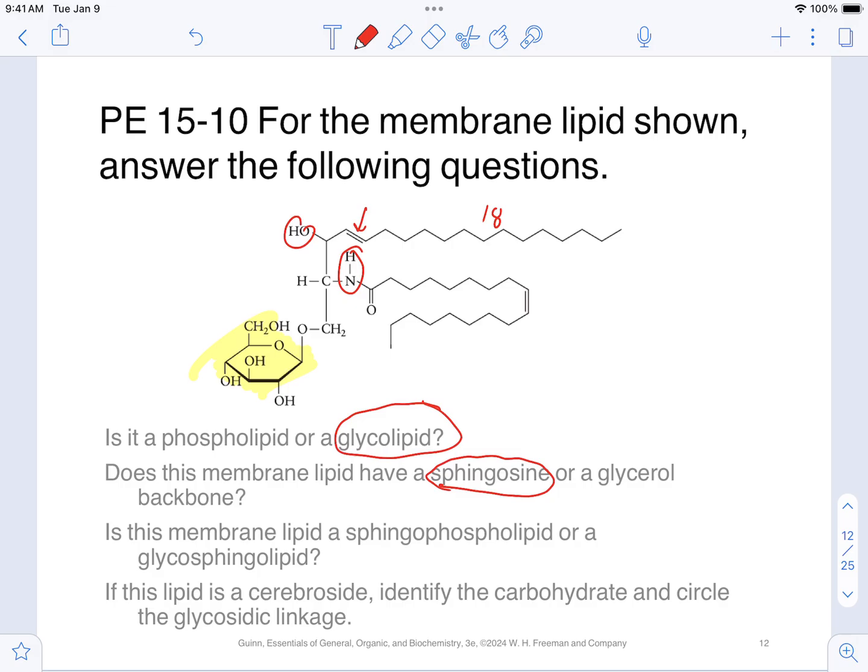Is this membrane lipid a sphingophospholipid or glycosphingolipid? Well, it comes from a sphingosine backbone. So I'm going to say sphingophospholipid.